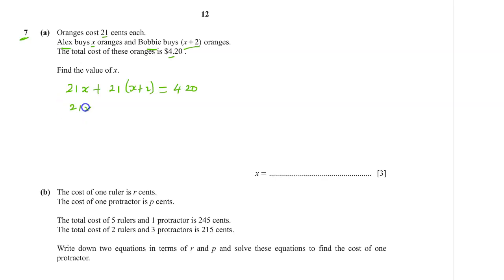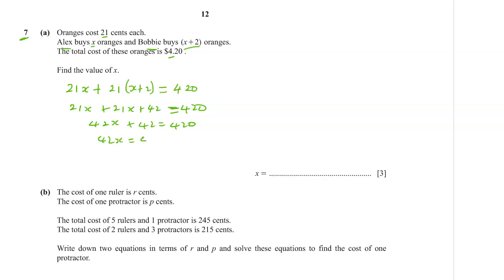So this is 21x plus 21 times (x plus 2). You open the brackets, it equals 420. So 42x plus 42 is equal to 420.